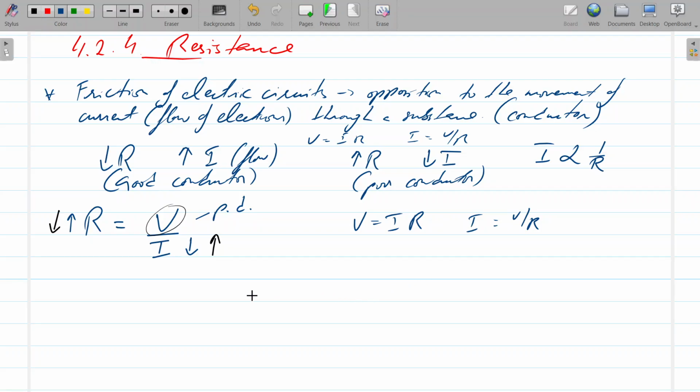Resistance is given in ohms, so R is given as ohms, and the symbol for that is the Greek letter omega. You don't need to remember what this is called, you just need to know how to make it. So the SI unit for resistance is the ohm, and it's given by the symbol omega.